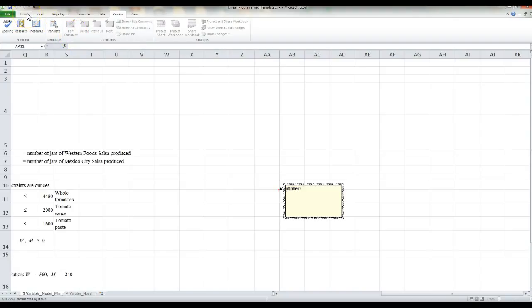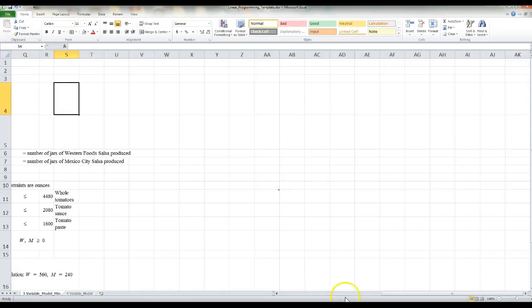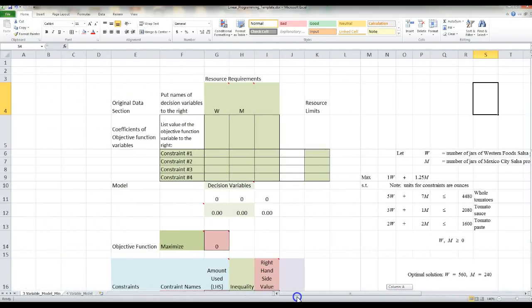I don't really need a comment right now, so I'm just going to go back. But oftentimes comments are good just to remind you of how the model is set up and how it's used.